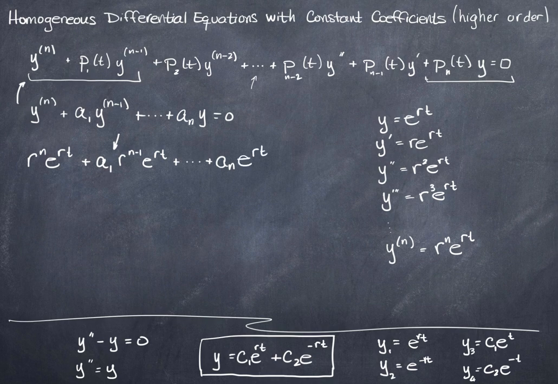I could write that as r to the 0 times e to the rt, and that would give me r to the n minus 1, r to the n minus 2, r to the n minus 3. Those are all in here. R to the 3, r to the 2, r to the 1, and then r to the 0. That would go in here, r to the 0. Well, that's just 1. So that's why that appears to be missing in this term.